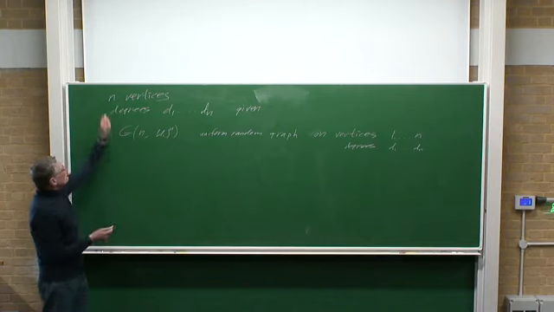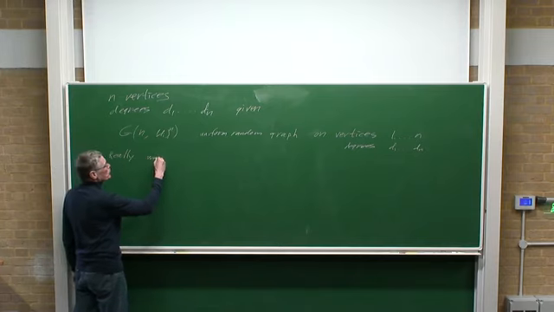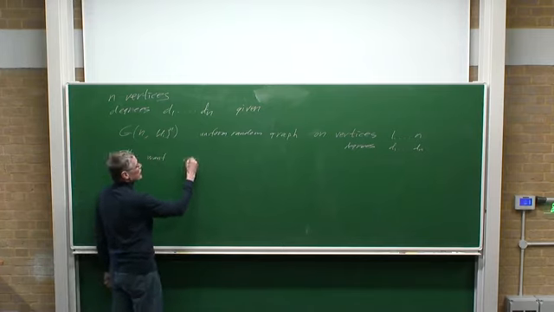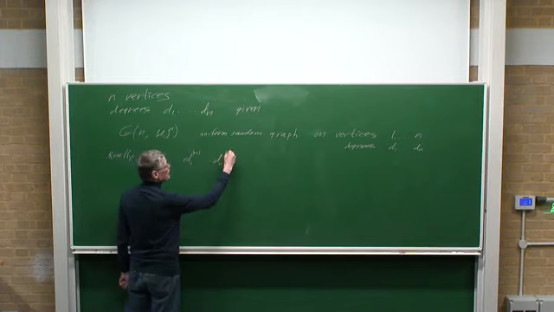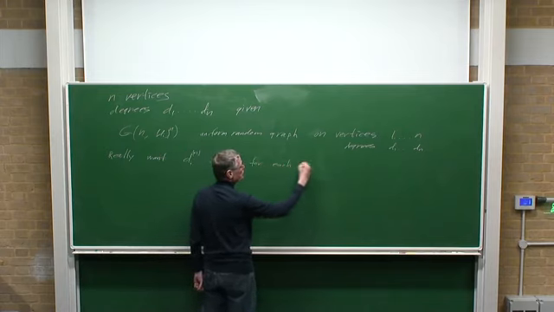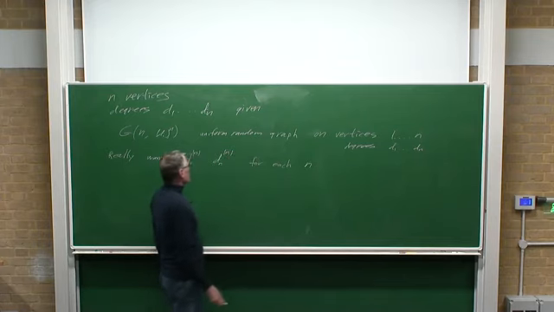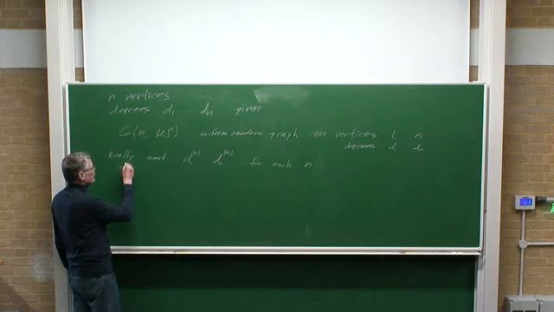I really want one model for each n. So I really want degrees that depend on n, for each n. And then I let n go to infinity.